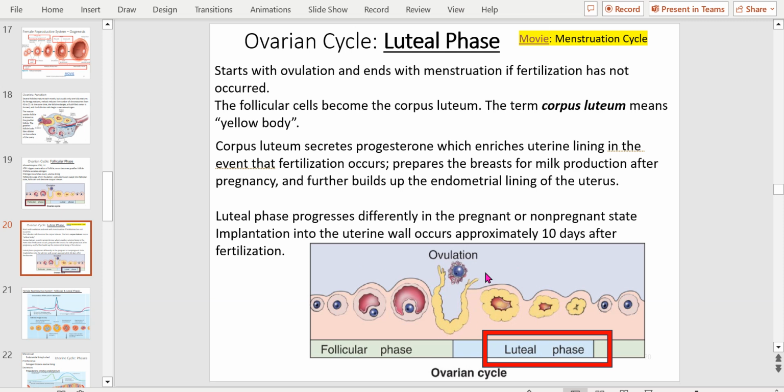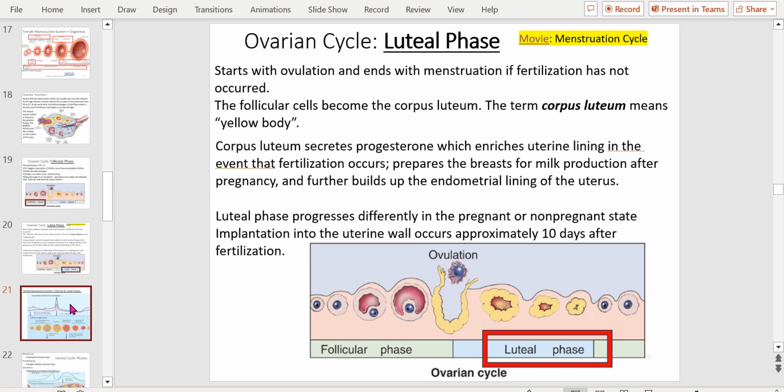You're building up that uterine wall, the endometrium, the inside lining, preparing for pregnancy in the event that fertilization occurs. It prepares the breast for milk production and pregnancy, and further builds up the endometrial lining of the uterus. The luteal phase progresses differently in the pregnant or non-pregnant state of implantation. It all depends whether the egg has been implanted or not.